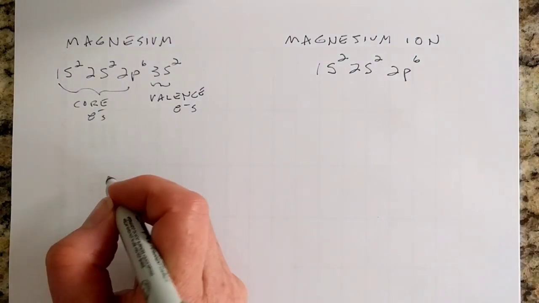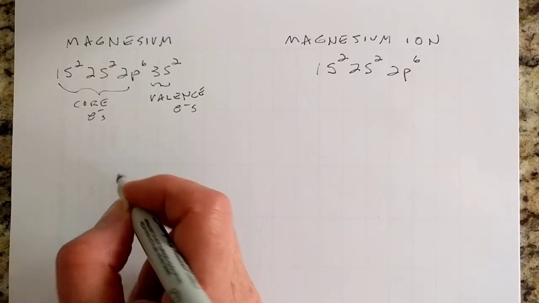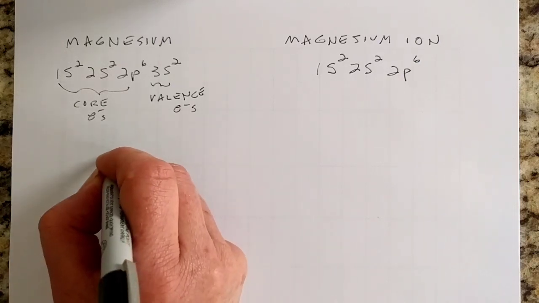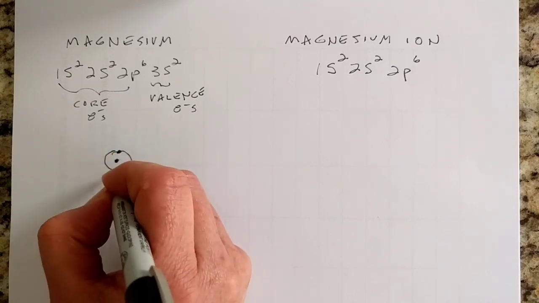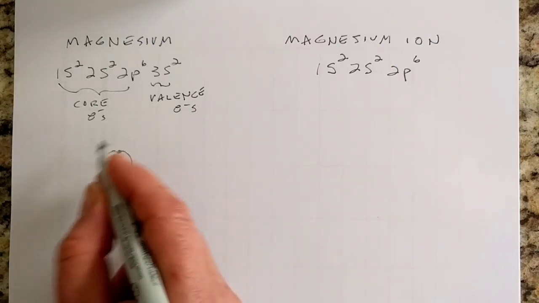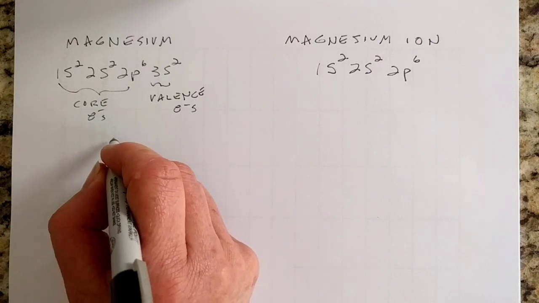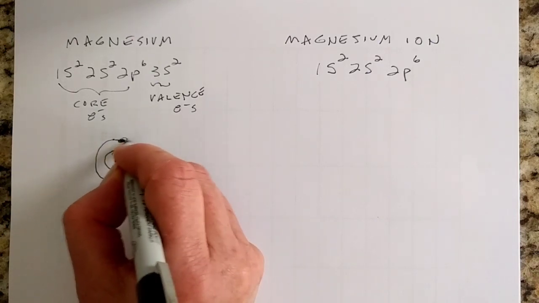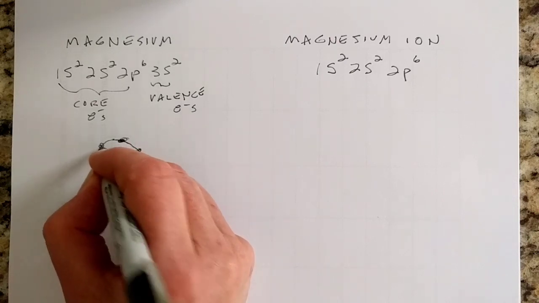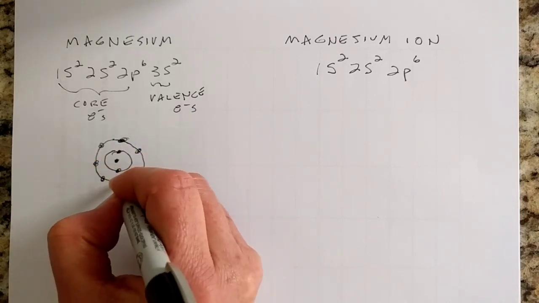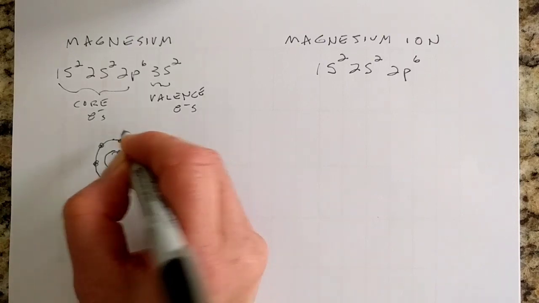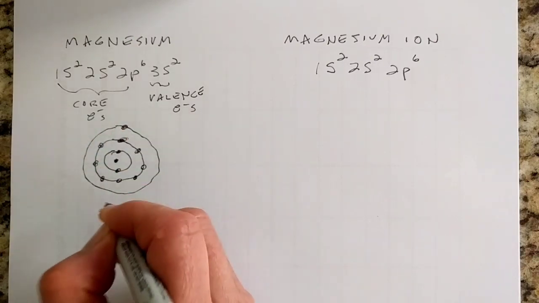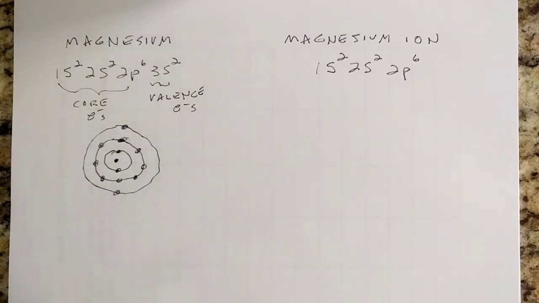If we look at magnesium in terms of the Bohr model with our shells, magnesium has its nucleus, 2 electrons in the first main energy level, which we can call a shell, and then 8 electrons in the next main energy level. And then magnesium has 2 electrons in its third level.